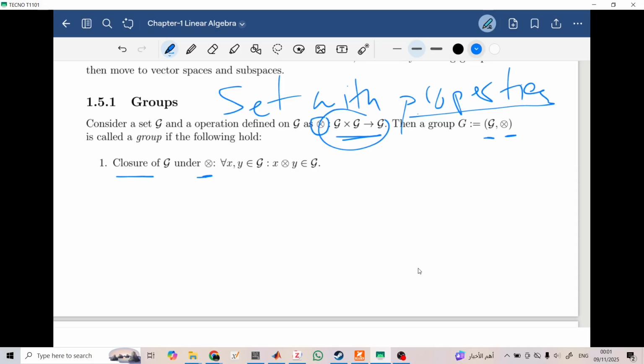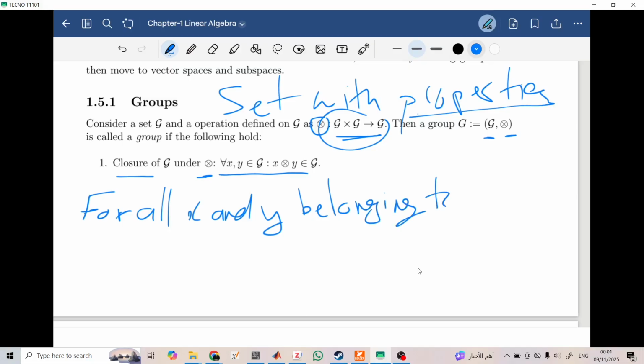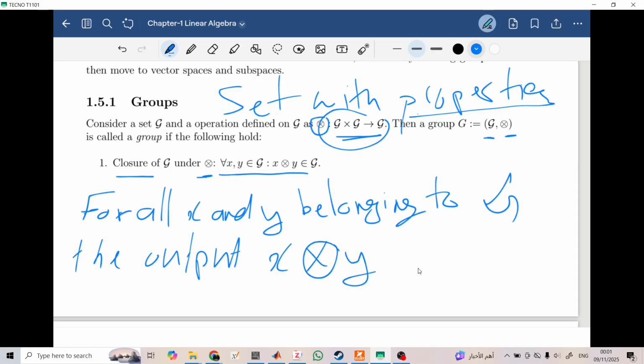Mathematically, we say that for all x and y belonging to calligraphic G, the output x operation y belongs to G as well.